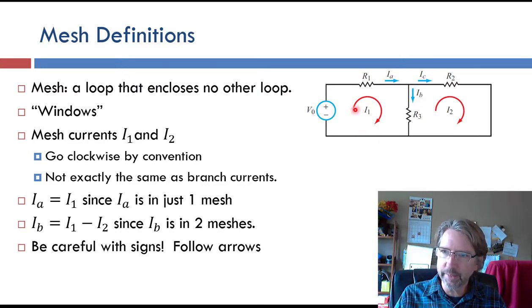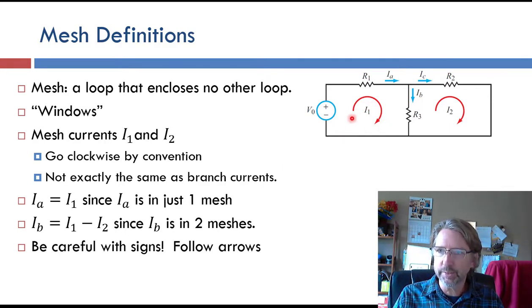We generally define mesh currents going clockwise. There's a very big difference between a mesh current, I1 and I2 in red here, and the current in the branches. Up here we have labels like we would use for Kirchhoff's current law, IA, IB, and IC. That's the current through each of these wires, whereas I1 and I2 are the mesh currents, and it's not exactly the same.